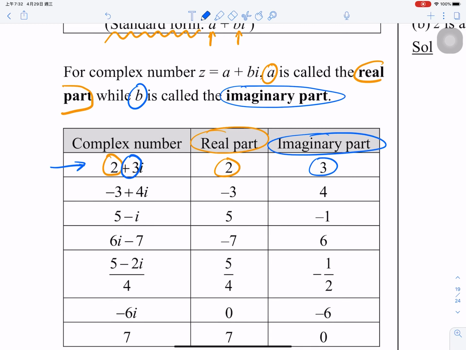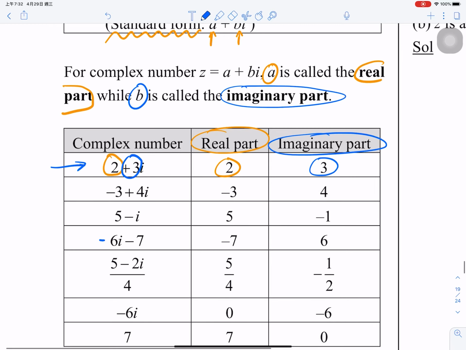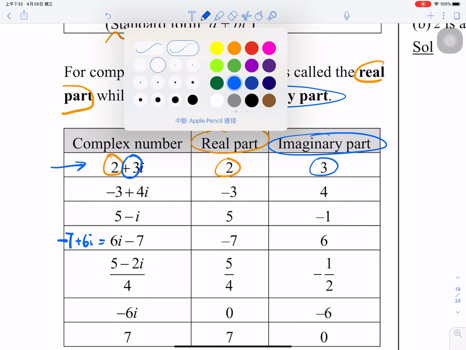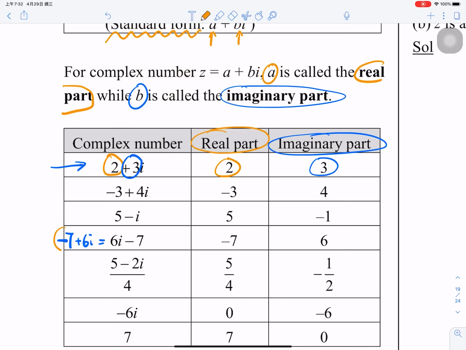Remember, you need to rewrite it as a real plus the imaginary. So -7 plus 6i. You can see it correctly and clearly. So that means the real part is -7 and the imaginary part is 6.